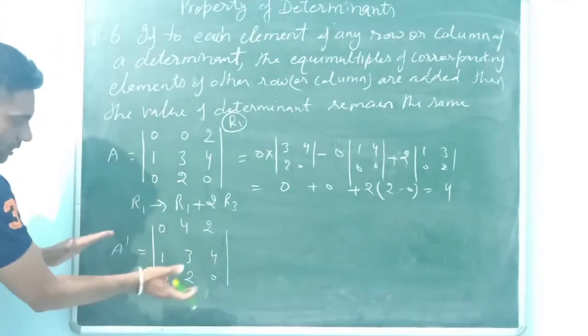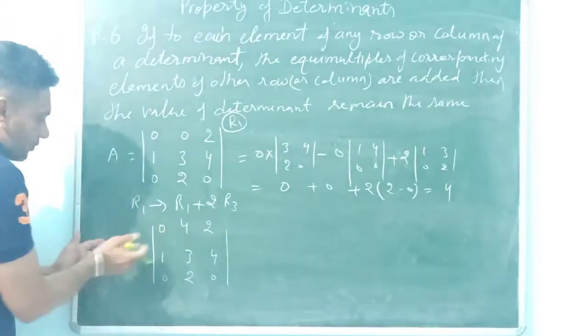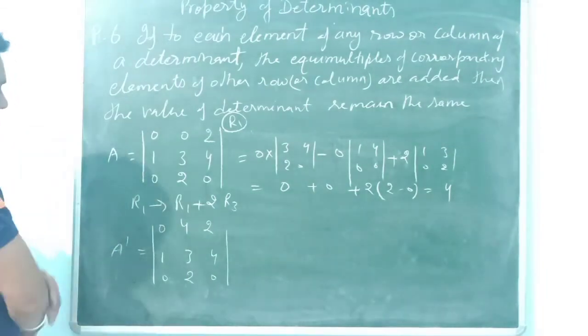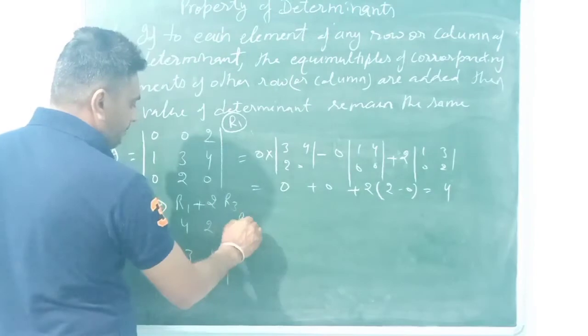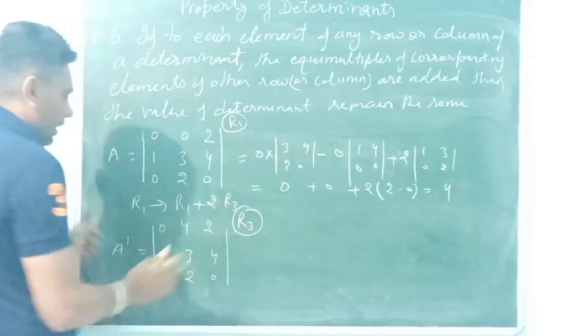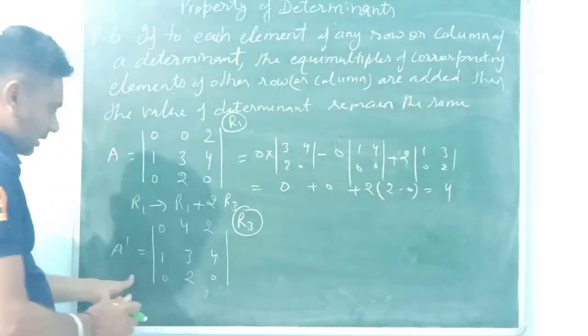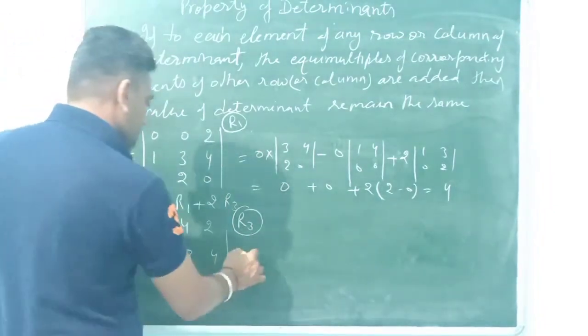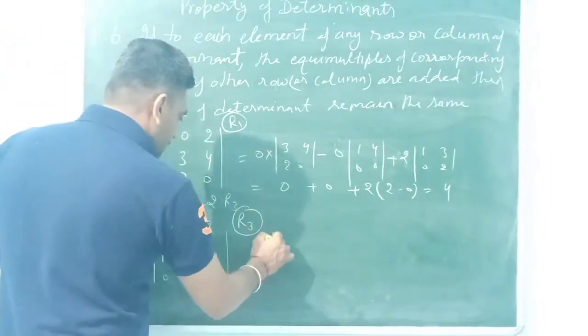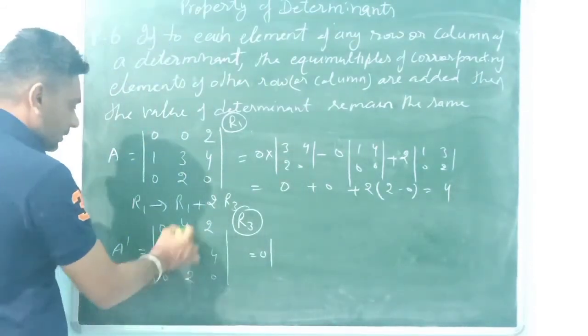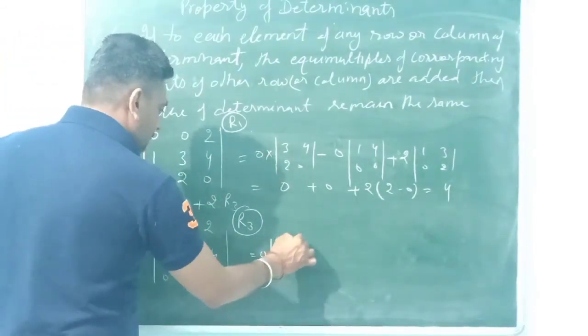Now we can find the determinant value of this A dash. We can expand it along R3. 0 into 4 3, 2 4.